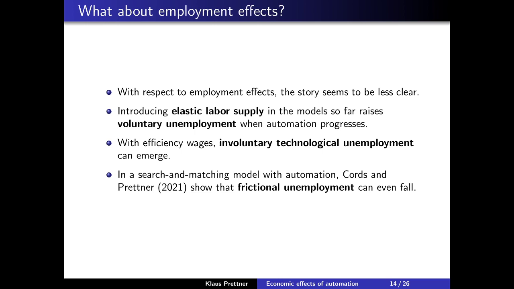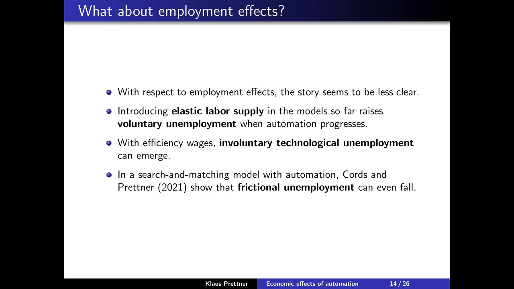However, the story looks quite different if one introduces automation into a standard search and matching model of the labor market with low-skilled and high-skilled workers. In this case, I showed together with Dario Kortz in a paper published in Oxford Economic Papers that frictional unemployment would even fall if automation takes place.